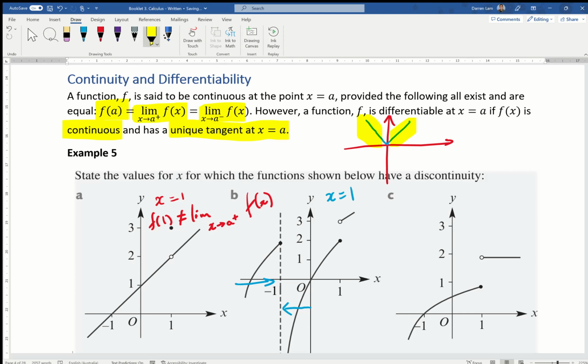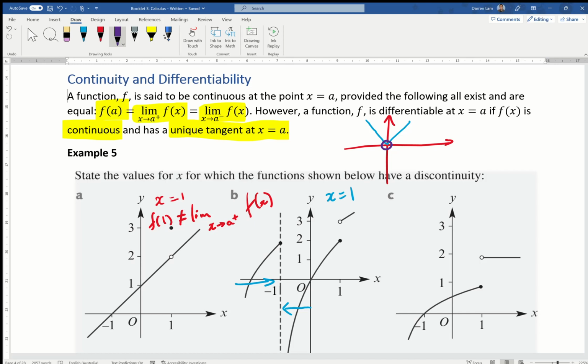There's a unique tangent at x equals whatever it is. However, at 0, 0, how do we know if it's negative or positive? There are quote-unquote two tangents available, aren't there? If it's a sharp turn like that, it's not a turning point. It's changing gradient suddenly instead of gradually, so it's not differentiable at that point.